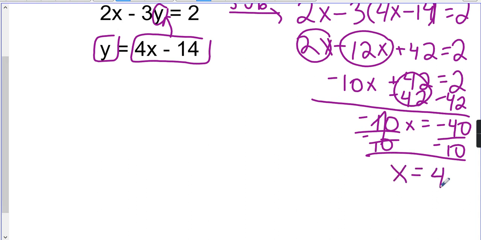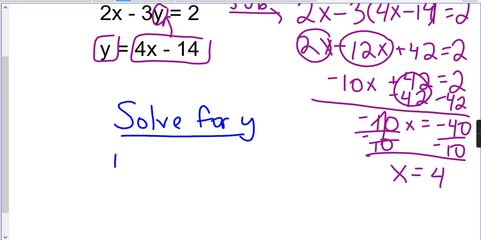Now you know that I'm not finished after I solved for x because I'm looking for a solution to a system. I need the x and the y. So now I'm going to go ahead and solve for y right here. Okay, so I have y equals 4x minus 14. That was one of my equations. I know that x is 4, so I'm going to substitute 4 instead of x.